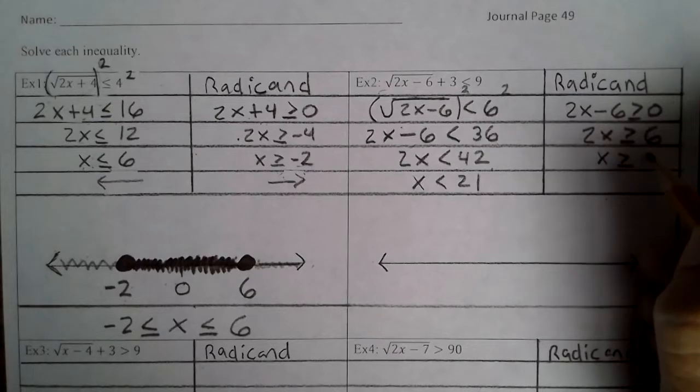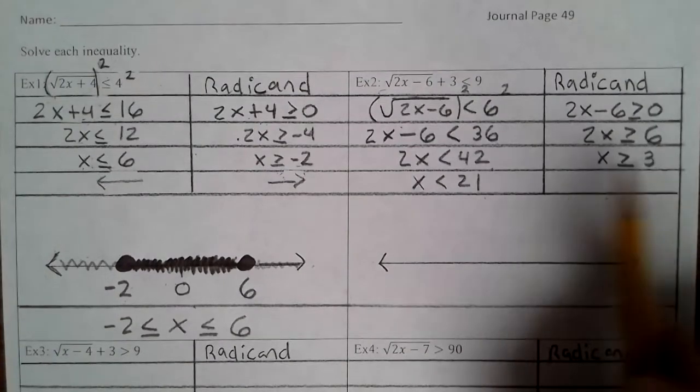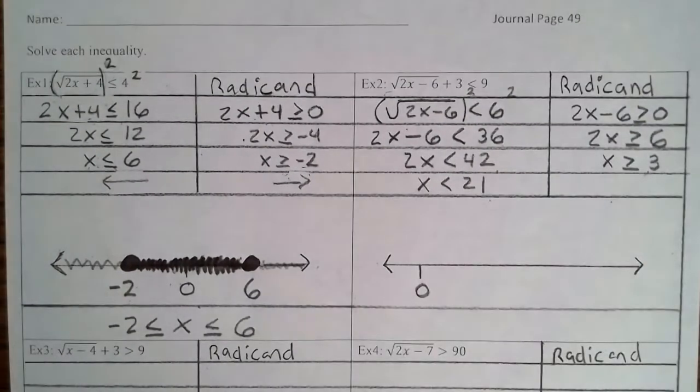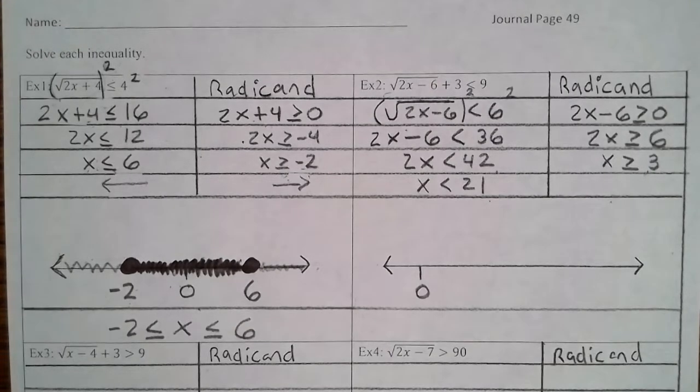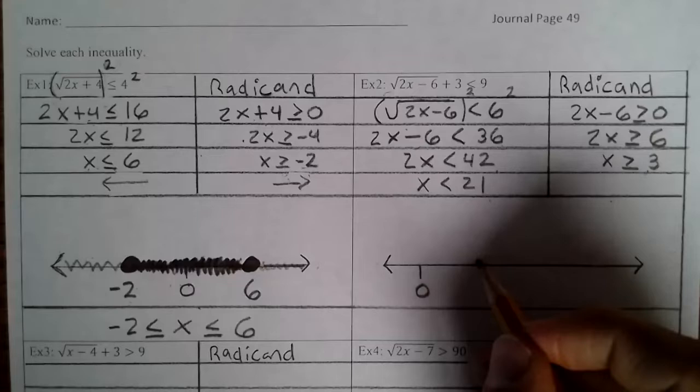Now, it benefits to wait to graph till you have them both, because here you can see that they're both positive, so you can put your 0 to the left because there are no negative numbers, okay? Now, here, this is a closed circle at 3, okay, and an open circle at 21.